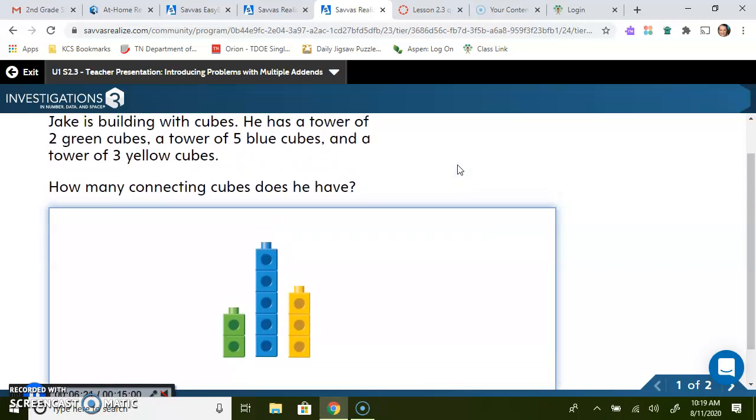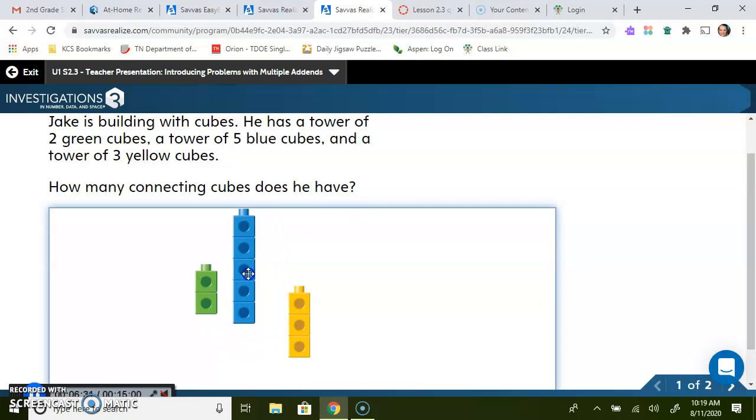So think about that again. Jake is building with cubes. So picture what he has. He has 2 green. He has a tower of 5 blue cubes and a tower of 3 yellow cubes. How many connecting cubes does he have? So how could we figure that out?